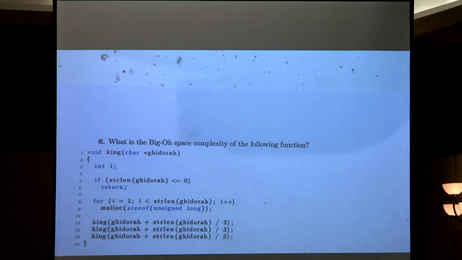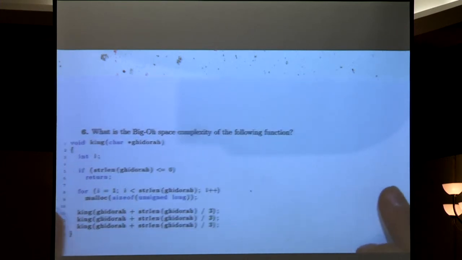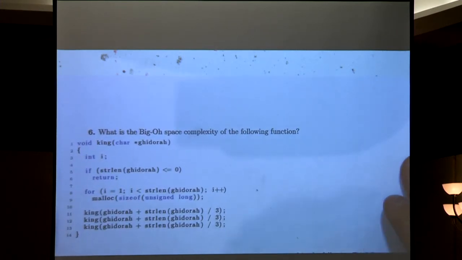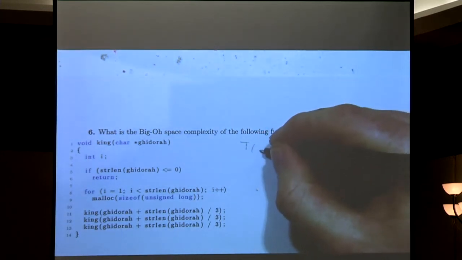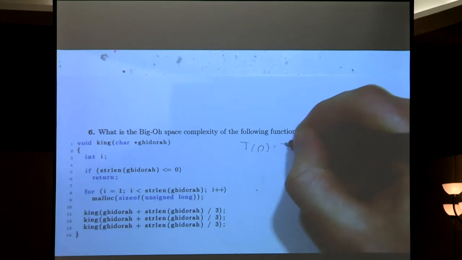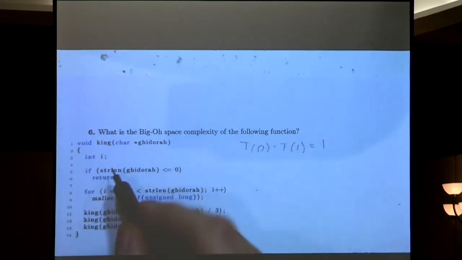Okay, so let's look at this. We've got a recurrence relation. What's something that we need for a recurrence relation? We need a base case. So let's say T of 0 equals T of 1, this is how I like to do my base case, equals 1. And this is the base case.